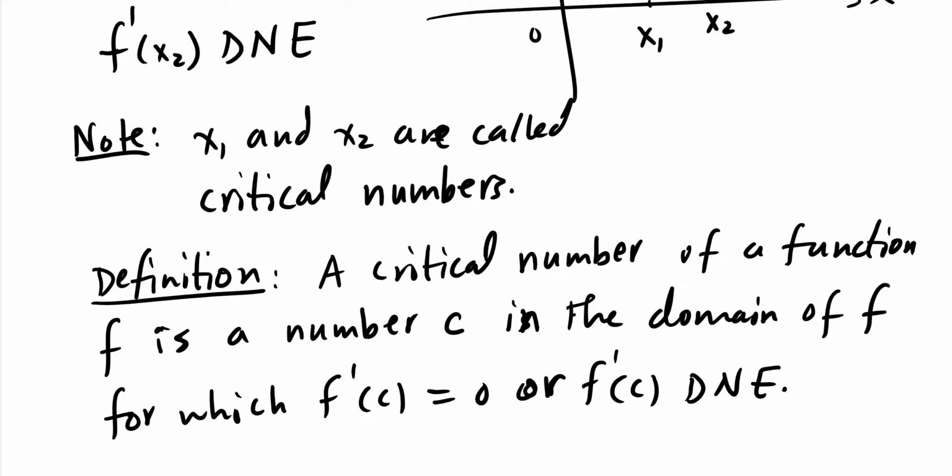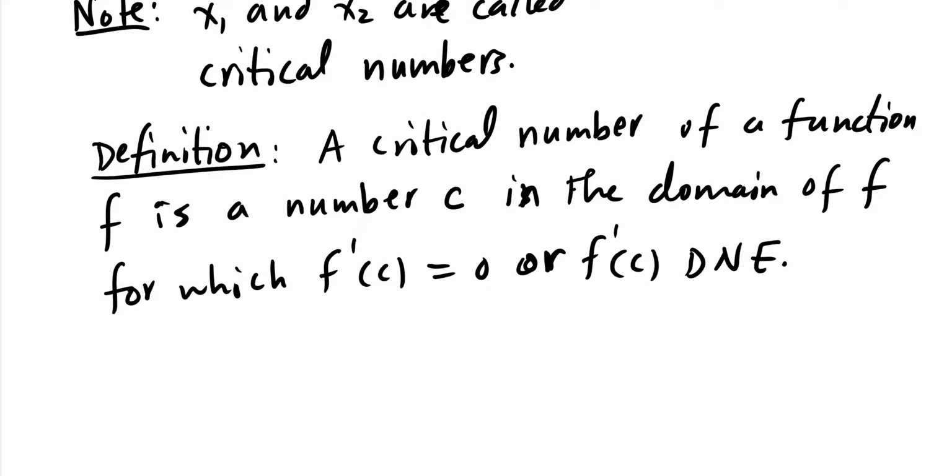So any number within the domain of f that gives you the slope of the tangent line at that point that is either 0 or does not exist means that number c is called a critical number.